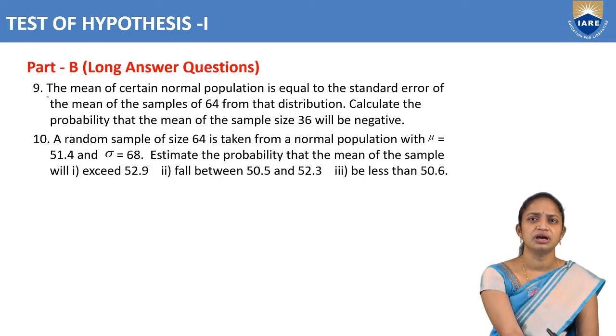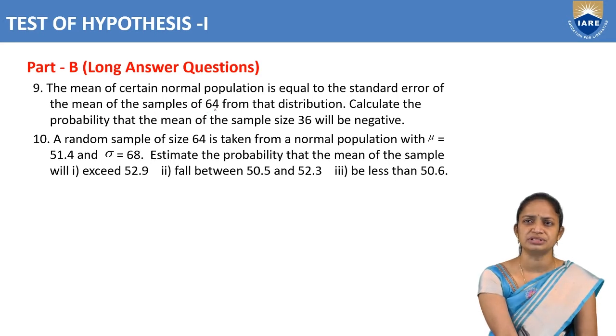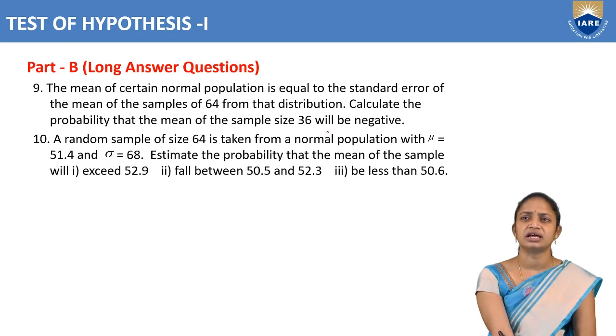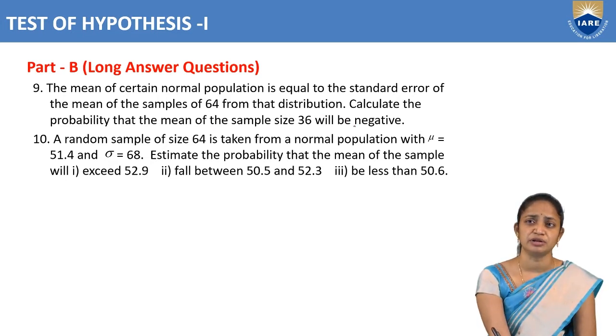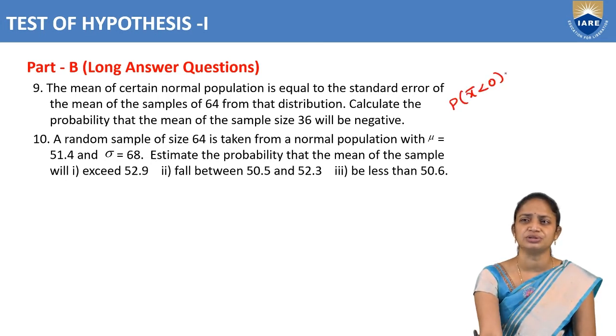Here also the same. The mean of a certain normal population is equal to the standard error of the mean of the samples of 64. From that distribution, calculate the probability that the mean of the sample of size 36 will be negative. When it will be negative? If x bar less than 0, then it will be negative.